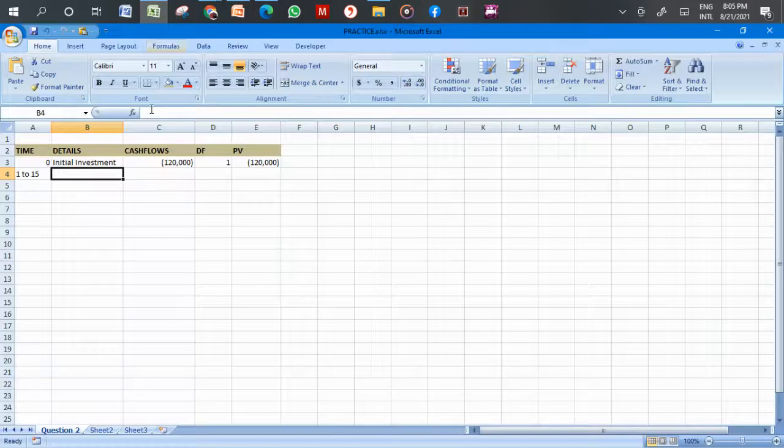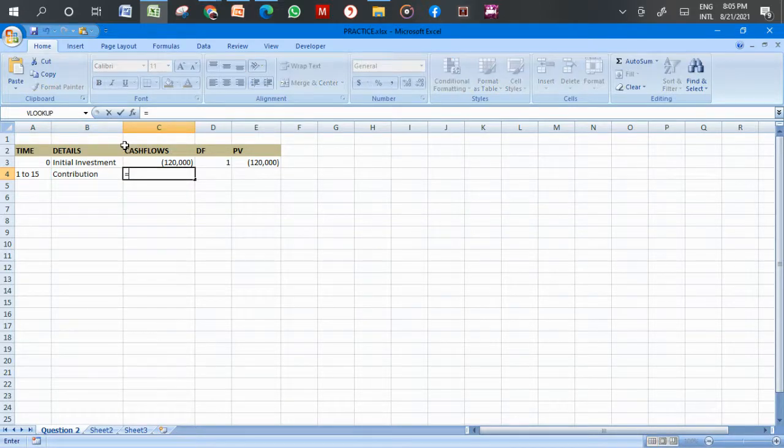So here let's write contribution. This one is going to be earned each and every year, so it's a form of an annuity. So we are going to say 15,000 multiplied by $2.75. So what is our present value discounting factor here?